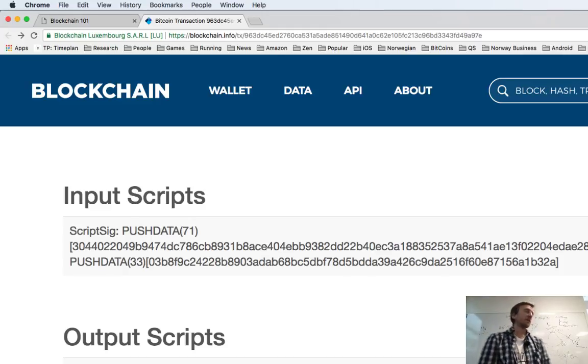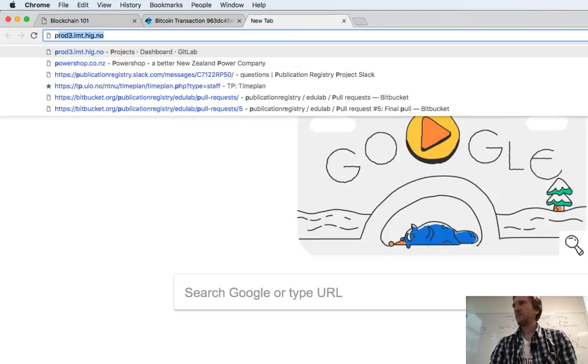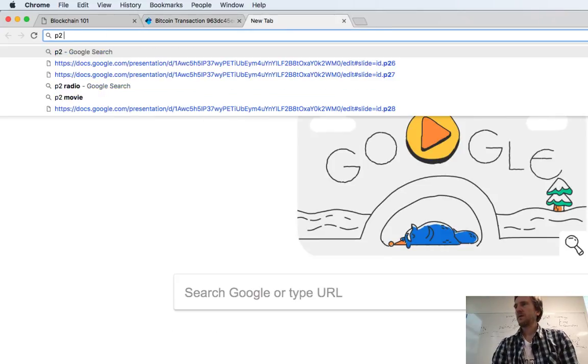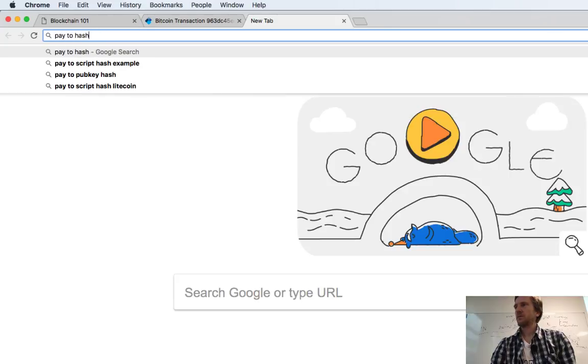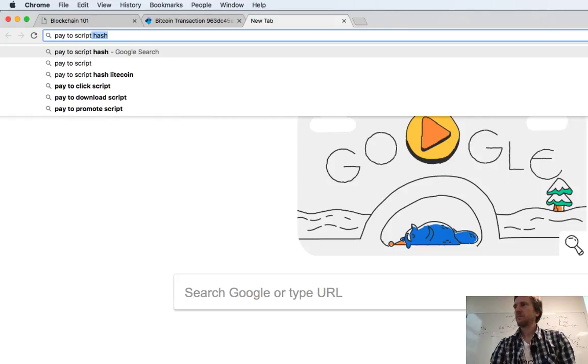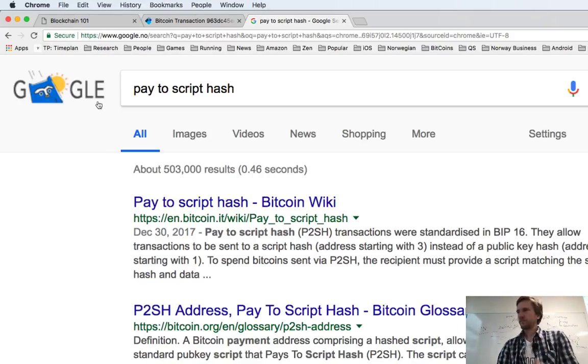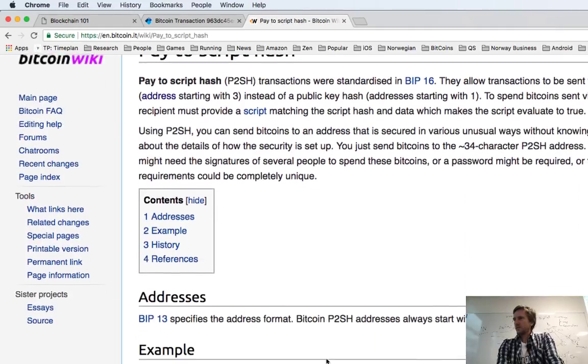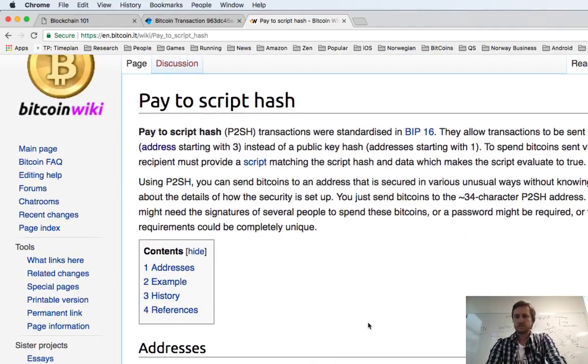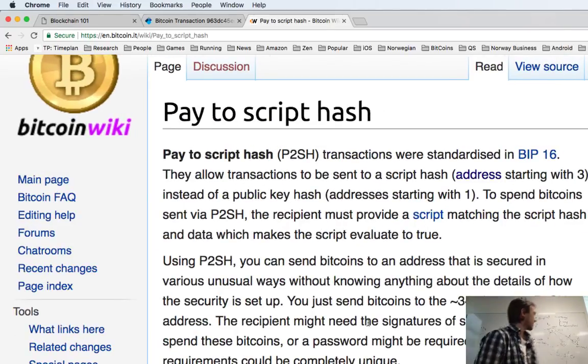What I can do here, there is a transaction type which is called pay to script hash. So this one, pay to public key, is quite inflexible because it only makes the transfer to a single public key, right?